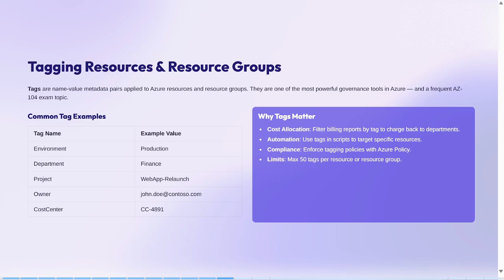So here is why tags matter: cost allocation, filter billing reports by tag to charge back to departments, and automation, use tags in scripts to target specific resources. And compliance, enforce tagging policies with Azure Policy, and a limit of max 50 tags per resource or resource group.